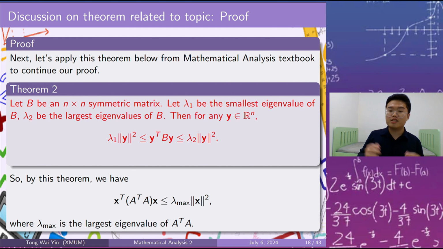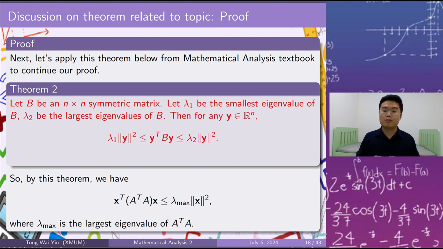The description of this theorem is: let B be an n times n symmetric matrix, and let lambda 1 be the smallest eigenvalue of B, and lambda 2 be the largest eigenvalue of B. For any vector y in n-dimensional real space, lambda 1 multiplied by the squared norm of y will be less than or equal to y transpose multiplied by matrix B multiplied by y.